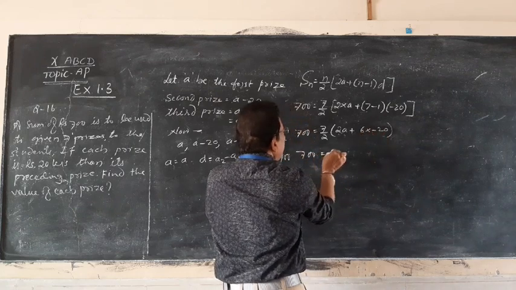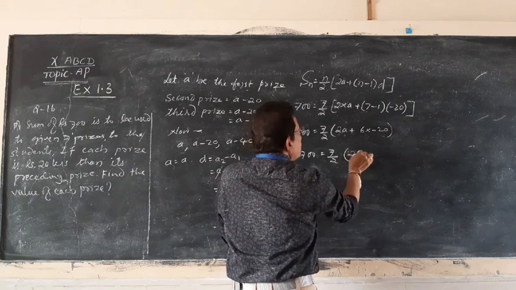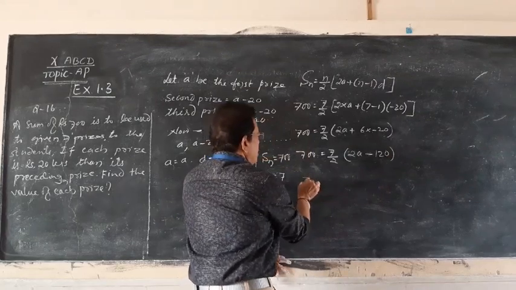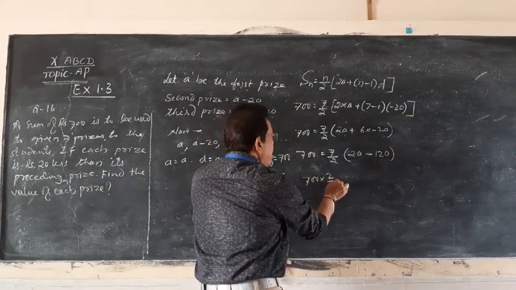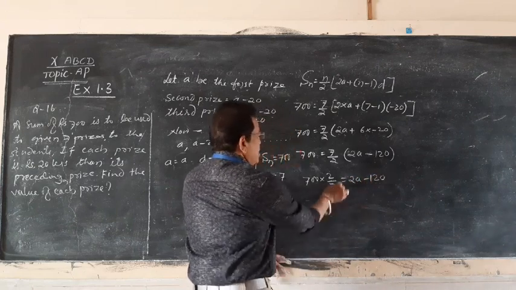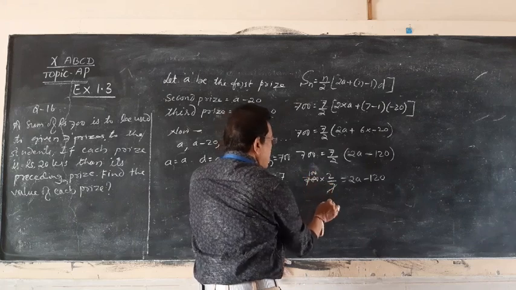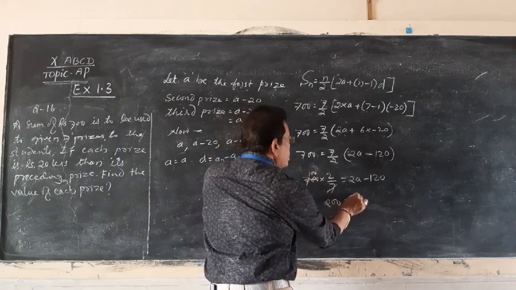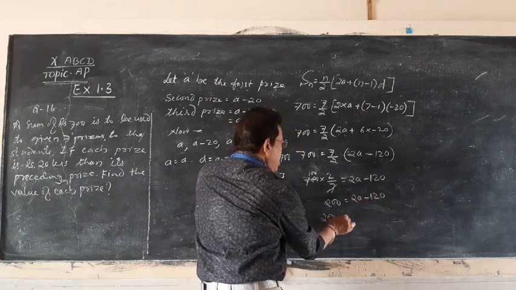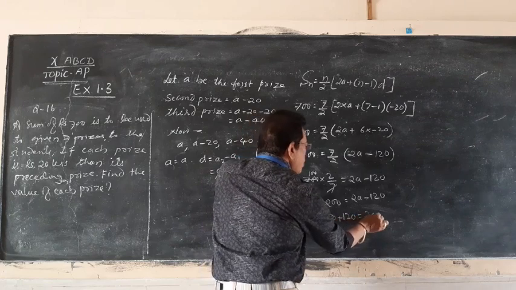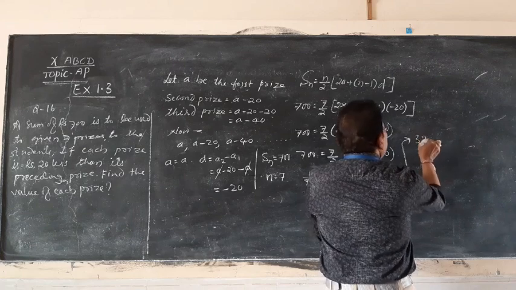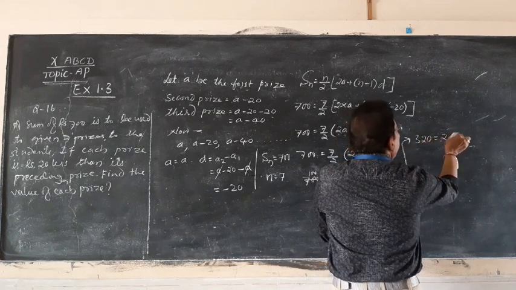So 700 equals 7 by 2, 2A minus 120. 700 into 2 by 7 equals 2A minus 120. 7 ones are 700, that is 200 equals 2A minus 120. 200 plus 120 equals 2A, then 320 equals 2A.